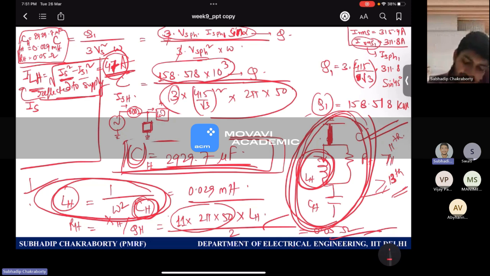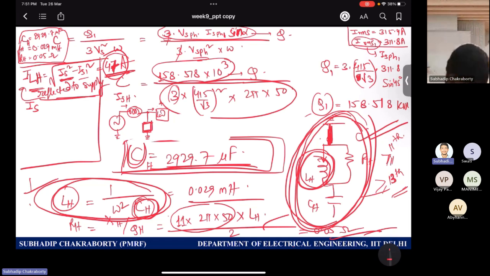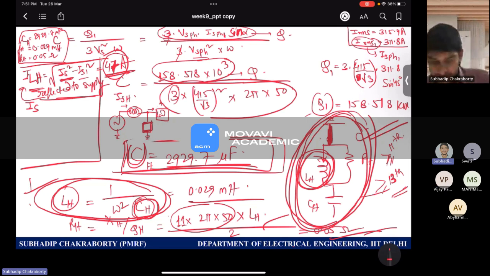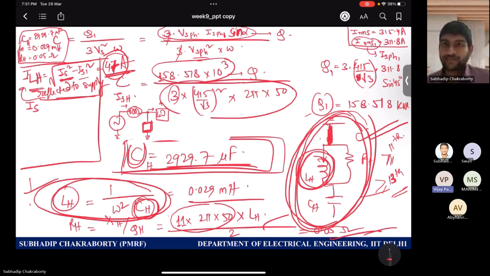At this point, the current, this ILH, will divide among the two impedances. So if you want to find out the Thevenin equivalent, just sort this and you will find these two are coming in parallel. Agreed or not? This ZS and ZPF or power filter, these two are coming in parallel.